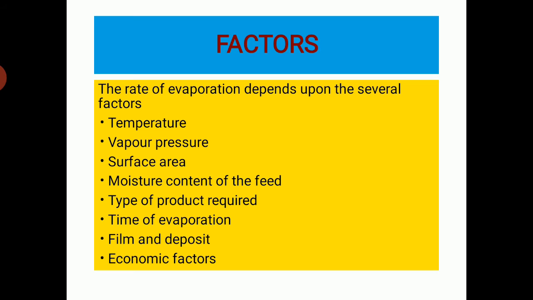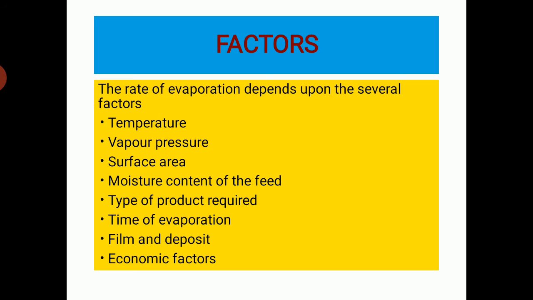Next, the factors. The rate of evaporation depends upon several factors, like temperature. The higher the temperature, the greater the evaporation. At a given temperature, some molecules possess higher kinetic energy than average, while others have lower.